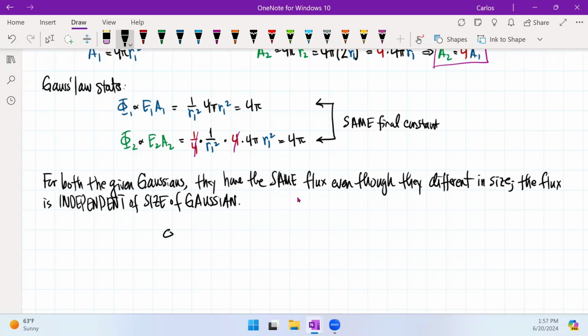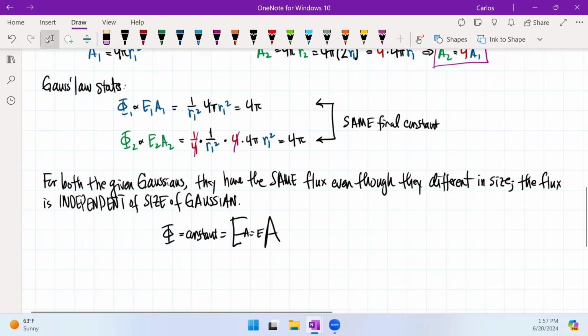So we can write then that the flux, when it's a constant, can be proportional to a combination of E and A just to keep that constant.